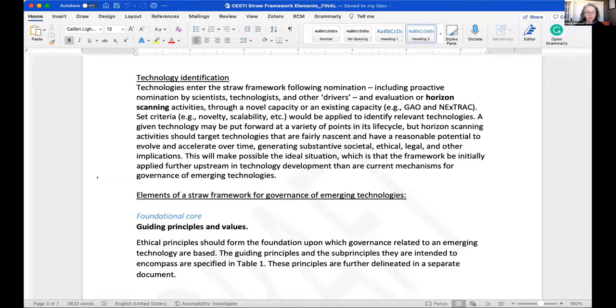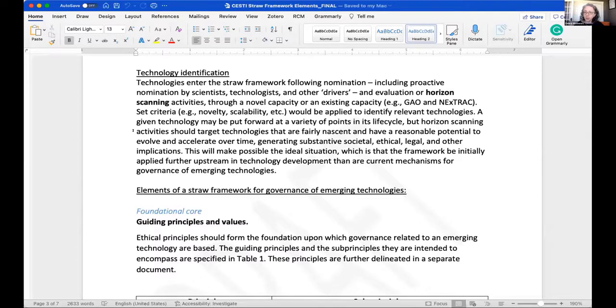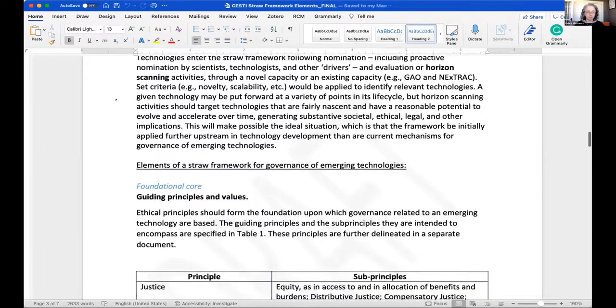And a technology could be put forward at a variety of points in the technology life cycle, but the framework, we hope, will be initially applied further upstream in tech development than current mechanisms for governance of emerging technologies traditionally have been. Again, in the spirit of what Jenny was just talking about, moving our attention further upstream.